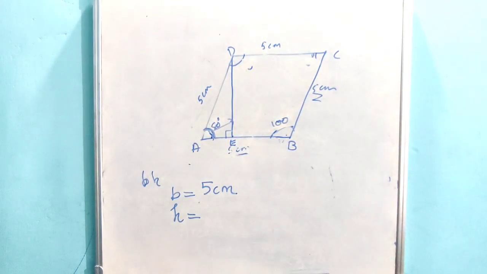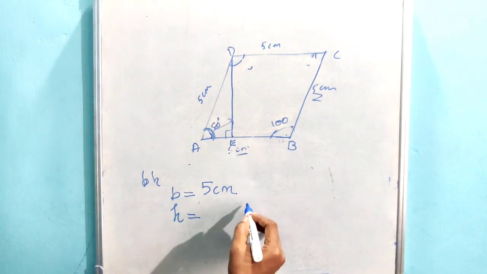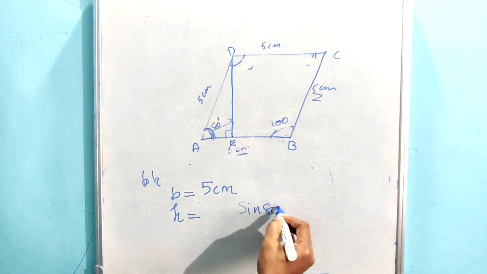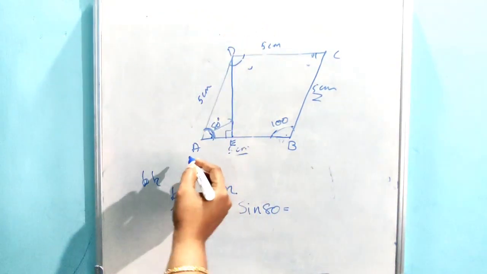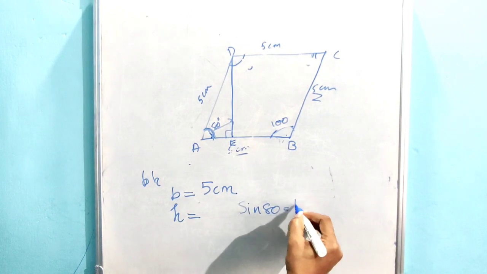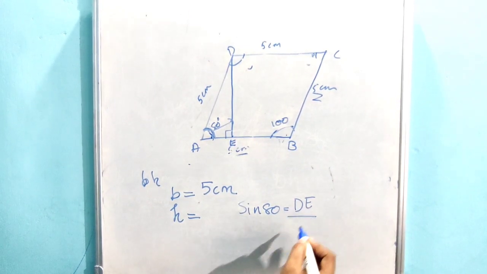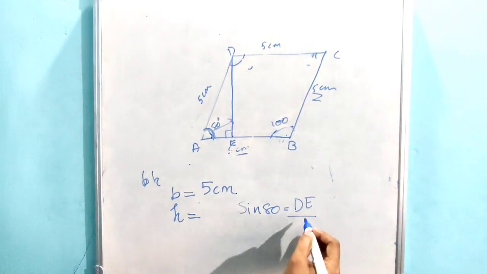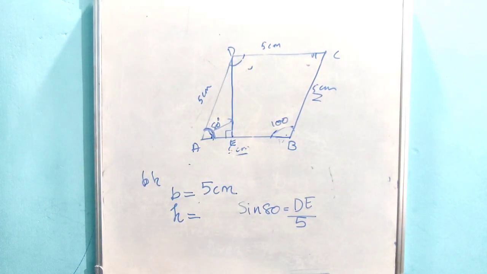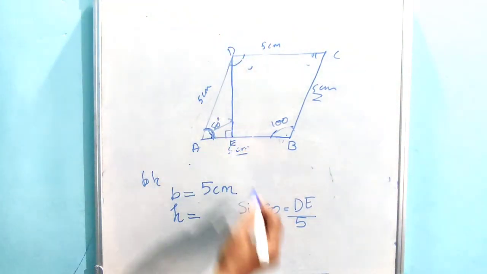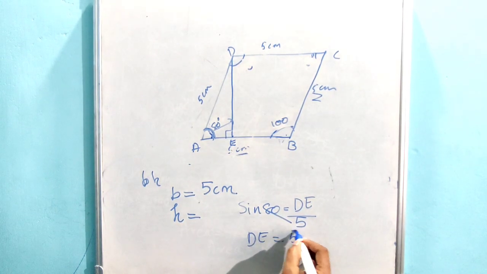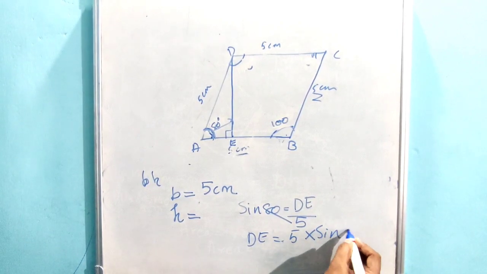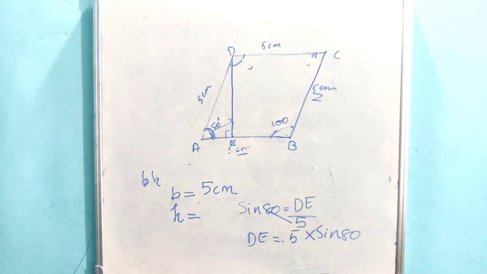Opposite side ratio, that is the sine ratio. So sine 80 is equal to opposite side by hypotenuse. Opposite side is DE, and hypotenuse is 5. Then what is this height DE? Yes, just cross multiply: DE is equal to 5 into sine 80.